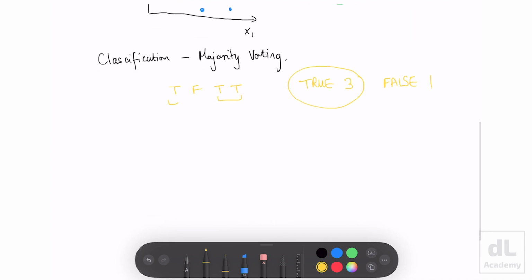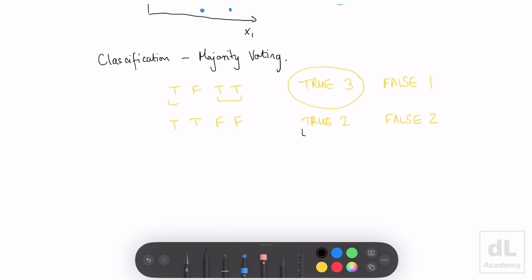Okay, you might notice that if you take k to be an even number, in the case that I'm looking at, you could easily get a situation where you had 2 trues, 2 falses. In this case, it doesn't actually matter which one you pick, as long as you pick it randomly. So how do you pick this?